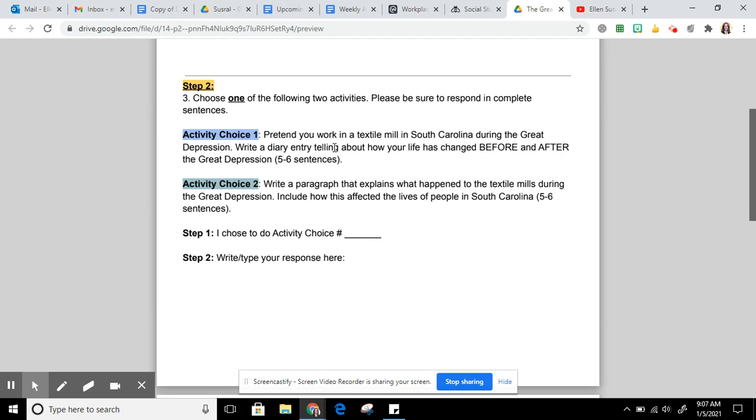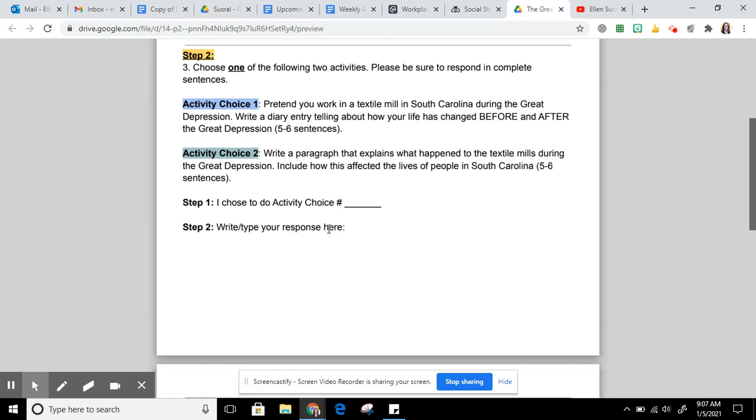If you don't want to do choice 1, you can do choice 2. Write a paragraph that explains what happened to the textile mills during the Great Depression. Include how this affected the lives of people in South Carolina, and you're going to need 5 to 6 sentences for that response. As I said, you're going to choose one of those activities, either choice 1 or choice 2, and respond using 5 or 6 sentences.